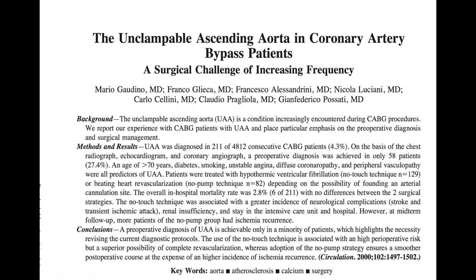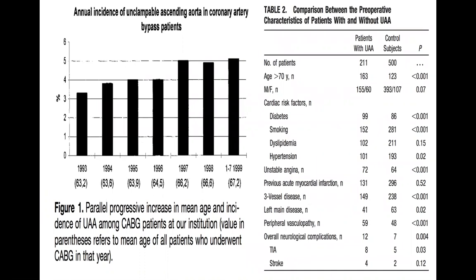This is one of the review articles about the unclampable ascending aorta and coronary artery bypass surgery, and they mention all these, and they came up with risk factors: age more than 70, diabetes, smoking, dyslipidemia, hypertension, patients with 3-vessel disease, diffuse or left main disease, any patient with peripheral vasculopathy, and any patient with previous TIA and stroke.